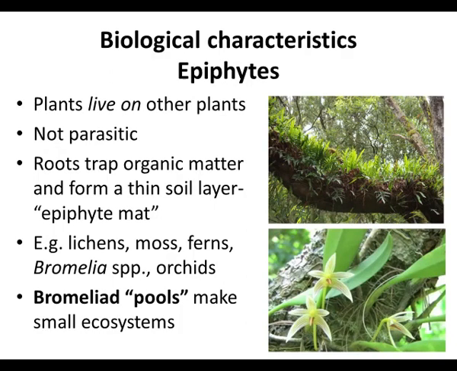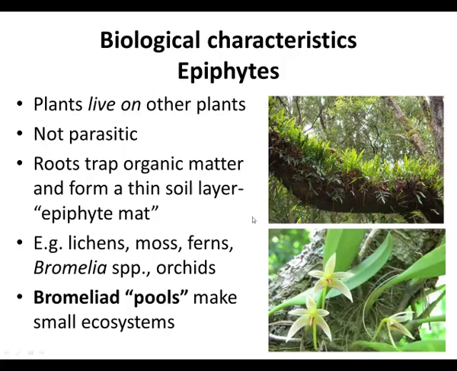Once there's a thin layer of soil, it will attract more epiphytes. So eventually these tree trunks will be loaded with epiphytes. Examples of epiphytes are lichens and mosses. In this picture you can see a bunch of ferns and beautiful orchids.